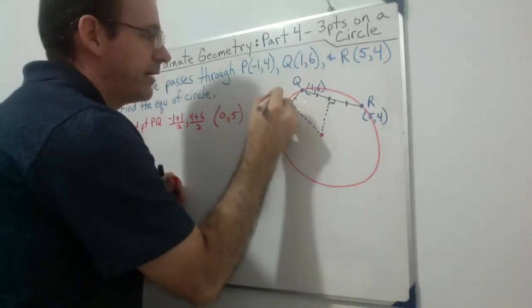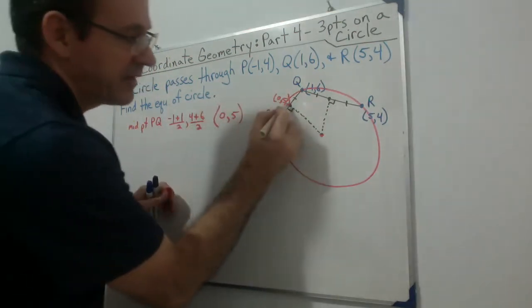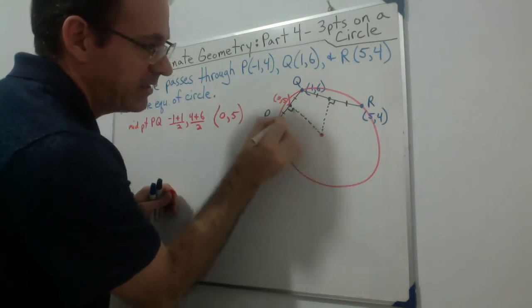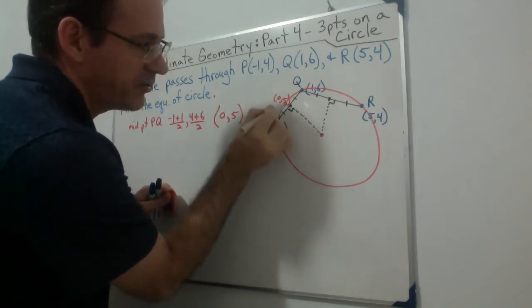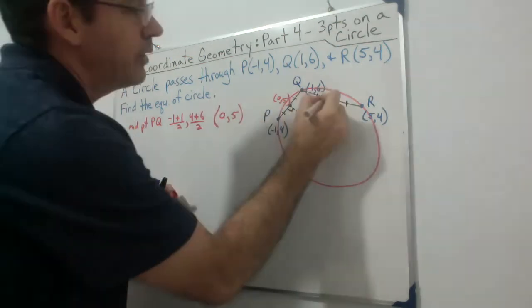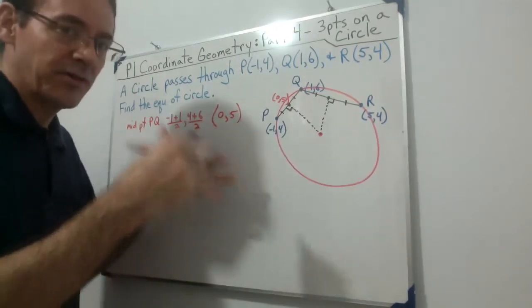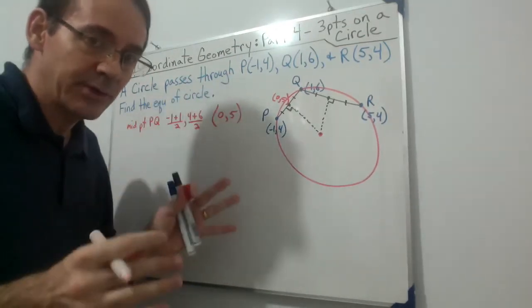So this midpoint right here is 0, 5. So since that is the midpoint, then that means the line from the center to the midpoint is a 90-degree angle. And we want to find this midpoint over here. The order in which you do this method doesn't really matter.